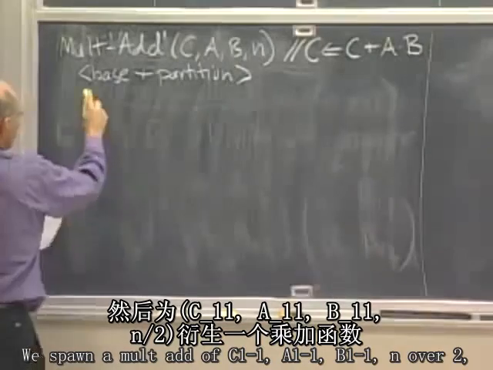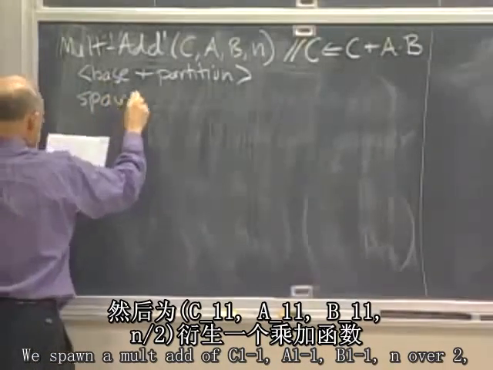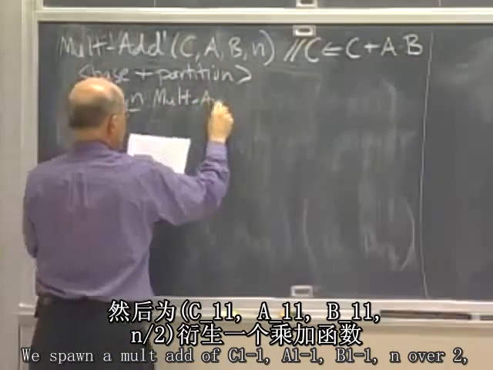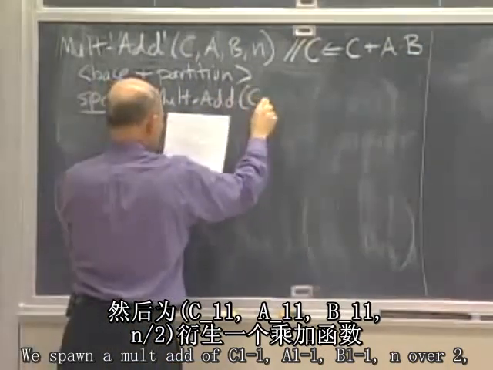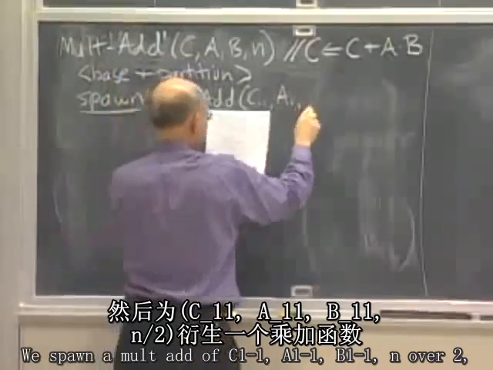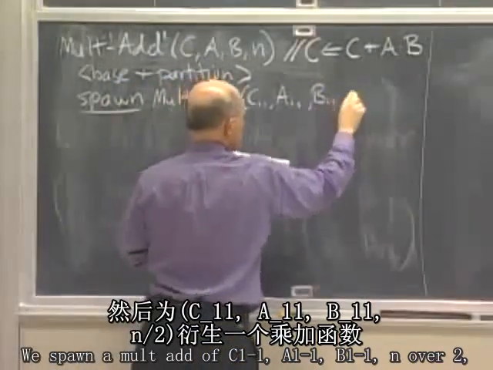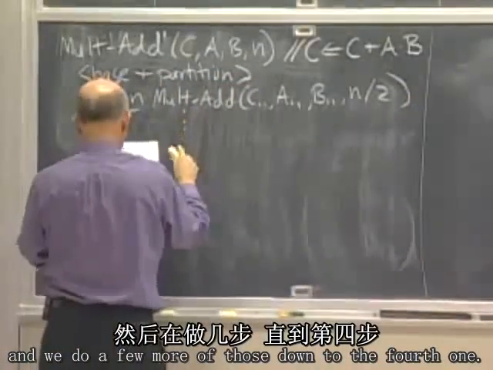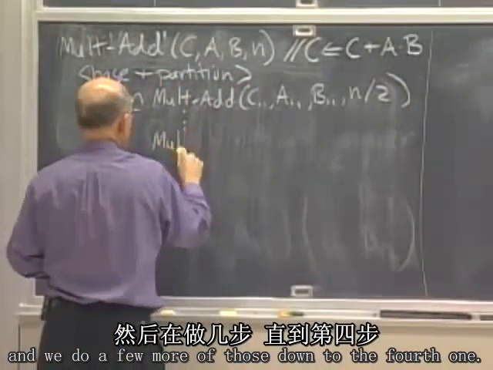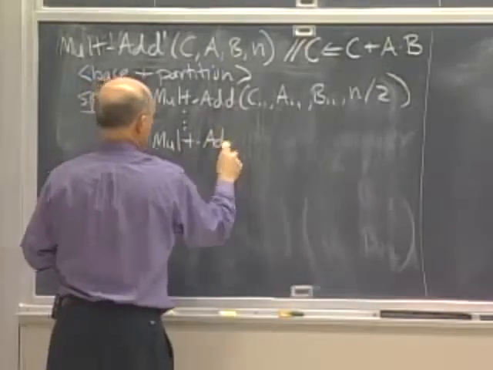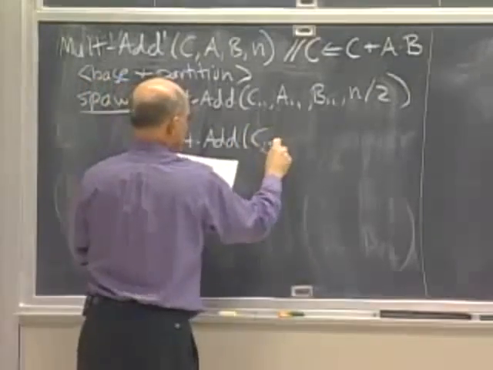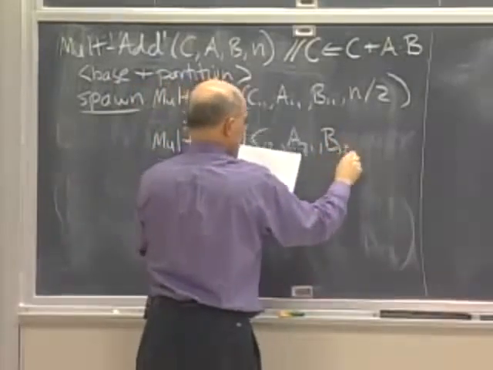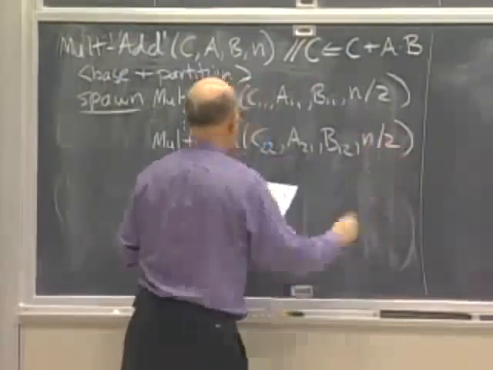And then we spawn a mult add of C11, A11, B11, and n over 2. And we do a few more of those down to the fourth one. And then we put in a sync.